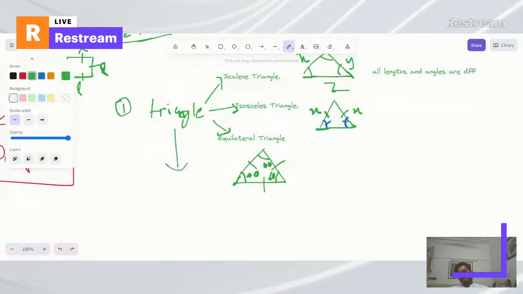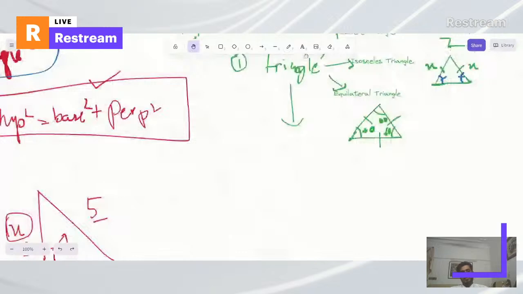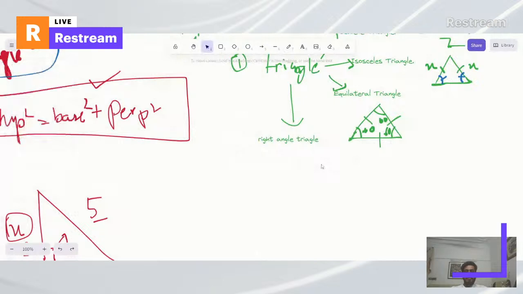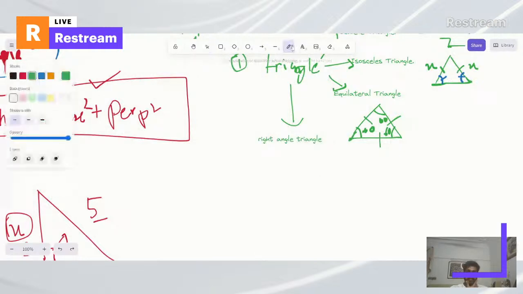Now, there's a fourth type of triangle that we discussed here. This type of triangle is called a right angle triangle, right? In terms of a right angle triangle, as I explained earlier, it's not necessary that all the lengths of the sides are different, so any two sides could be equal.